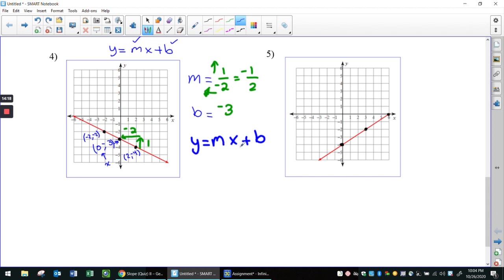Okay, great. So with that, I'm going to go ahead and substitute -1/2 in for the slope. So y is equal to -1/2 times x plus -3, the y-intercept. So I'm substituting -3 in for b and -1/2 in for slope.